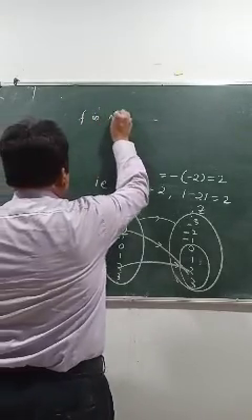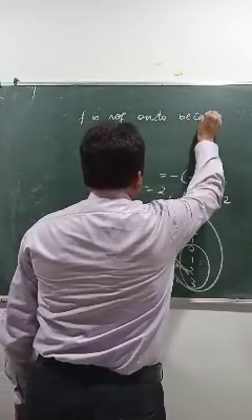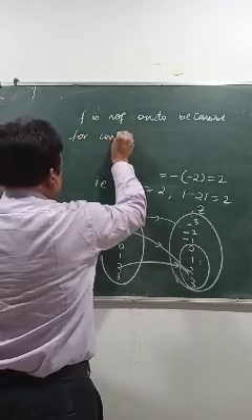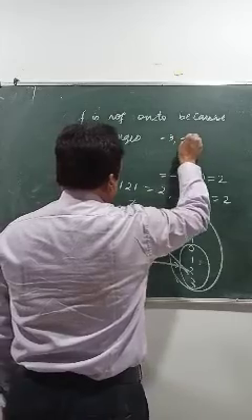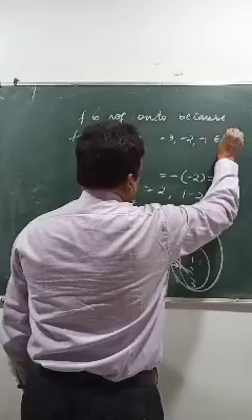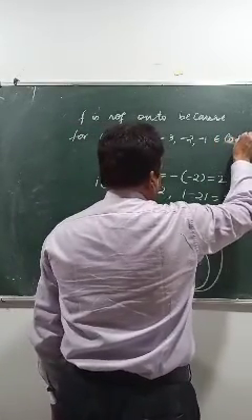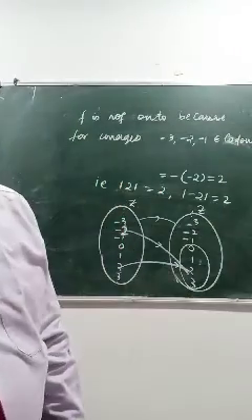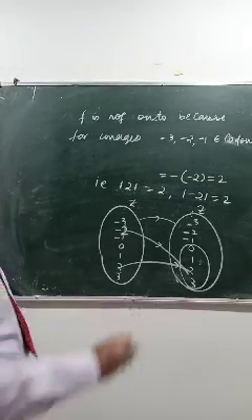f is not onto, because for the images minus 3, minus 2, minus 1 belonging to Z, that is the codomain here, there exists no element in the domain.